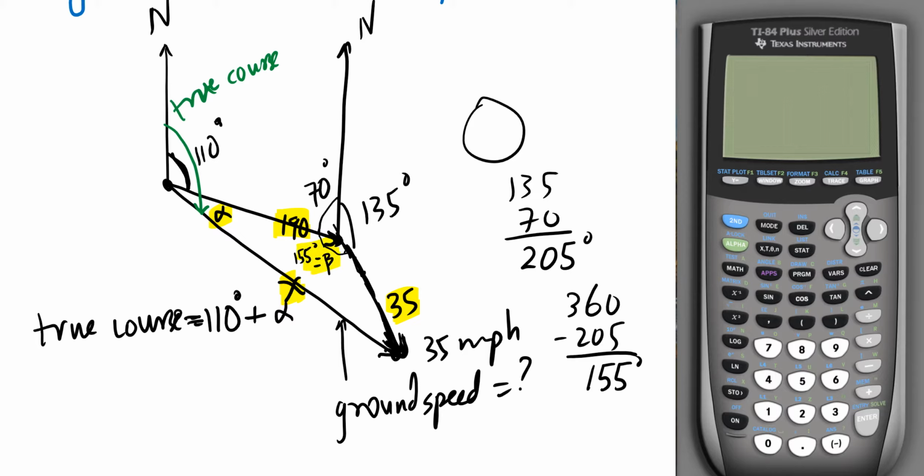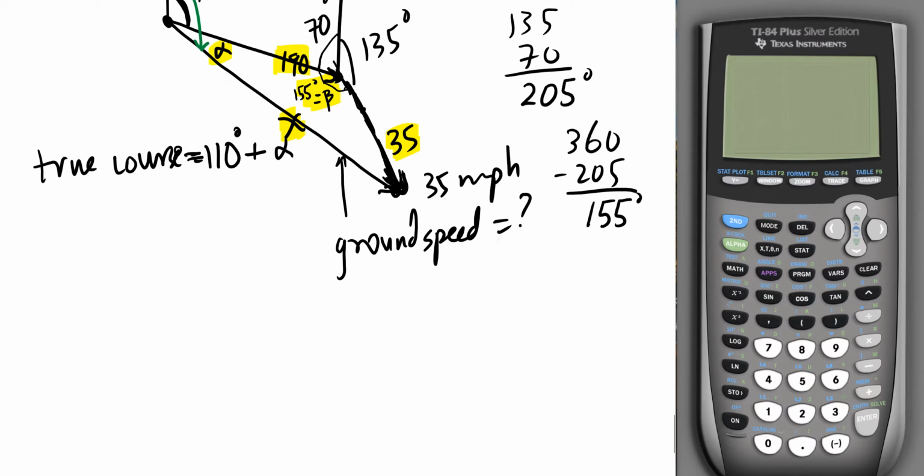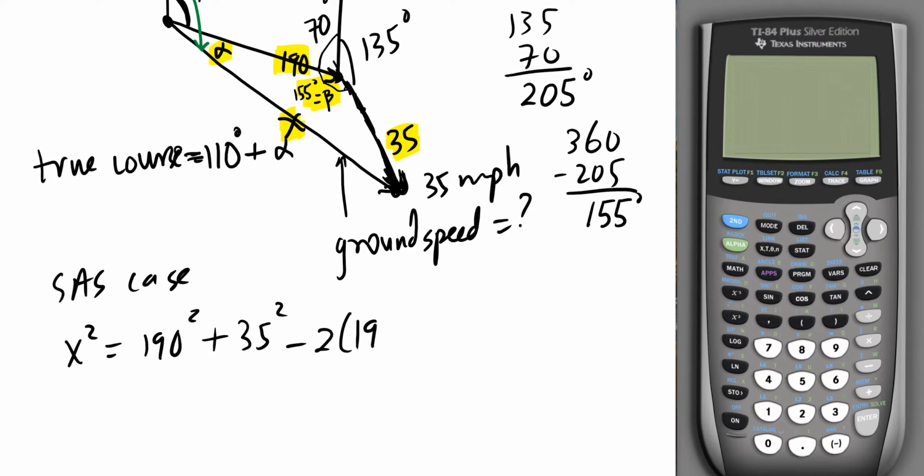So now maybe I can find something. I can find x by law of cosines because it's the side-angle-side case. We can say that x squared equals 190 squared plus 35 squared minus 2 times 190 times 35 times cosine of the angle between the two vectors, which is 155. Now we are going to put this in the calculator.